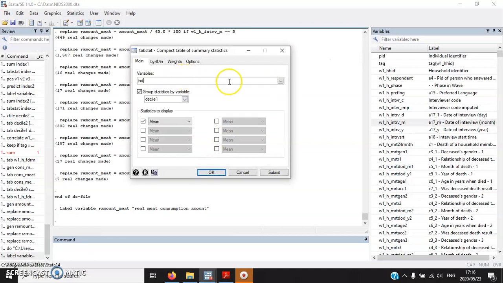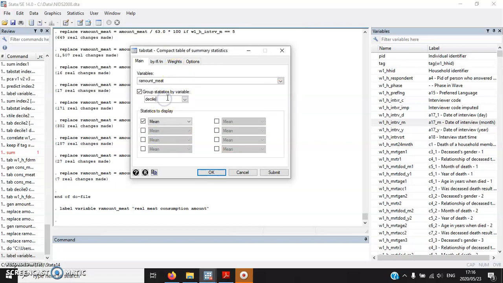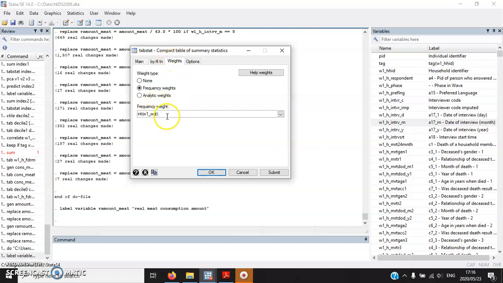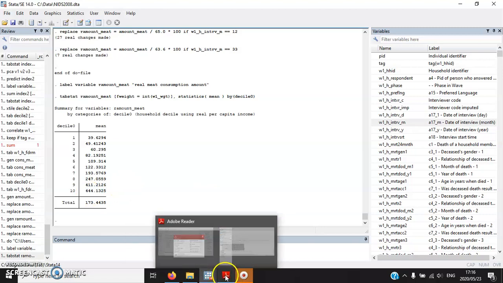Okay, we need to delete this one. Last variable, decile 0. Okay, mean still the same way. This time it would be more or less like household weight. Okay. Ooh, so in the richest decile, the household on average spends about 400 Rand on red meat, more or less 400 Rand.